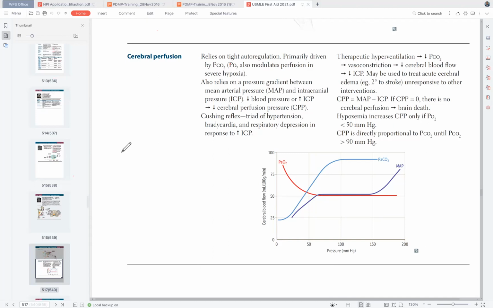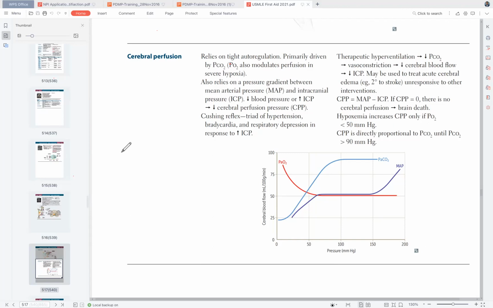Should we give the person a lot of oxygen, or should we decrease the oxygen? You decrease the oxygen so that you can have increased PCO2, so that you can have vasodilation so that the blood will flow to the brain. Is that what you want to do?